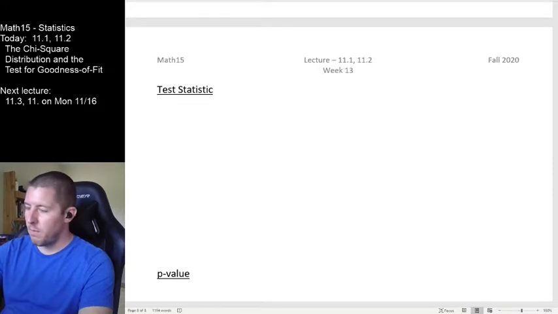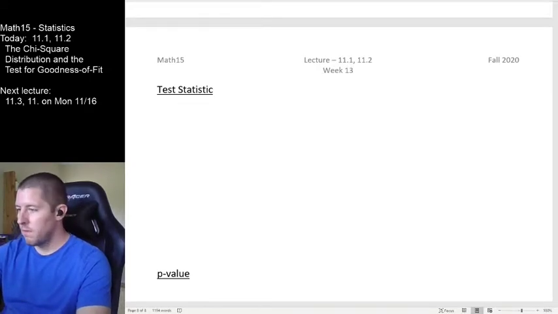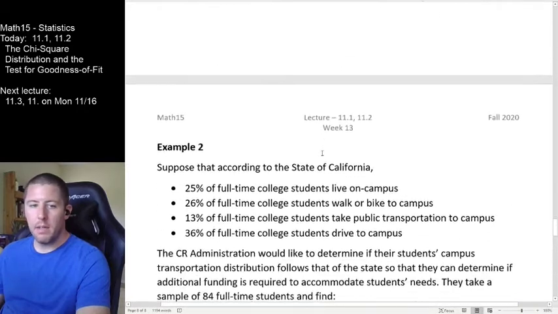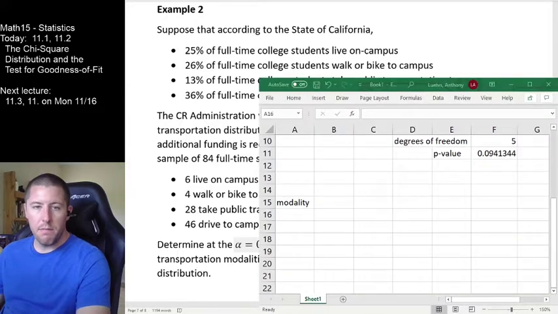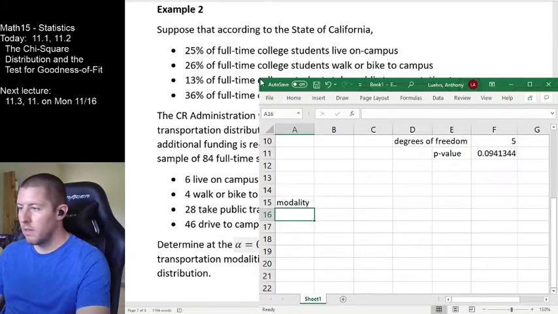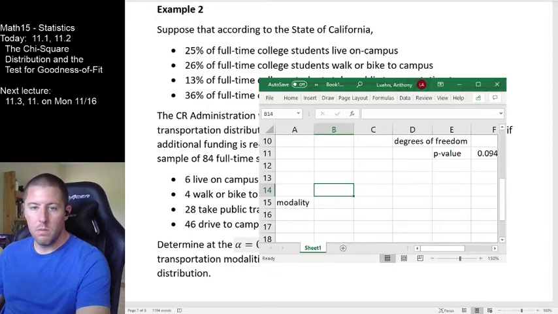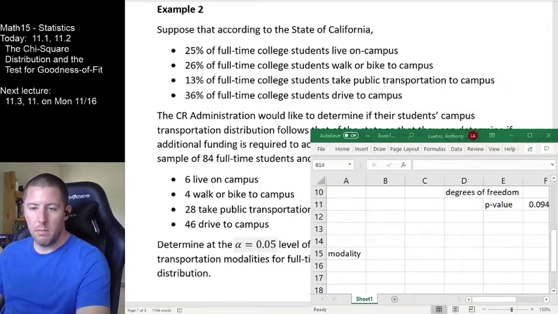For this problem, let's go back up and see what we saw right here. So I'm going to bring Excel back into the picture, and let's fill this stuff out according to what we see on the page. Maybe I can shrink us down a little bit for a minute.